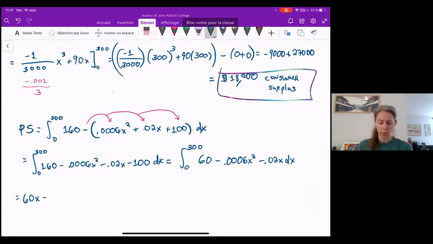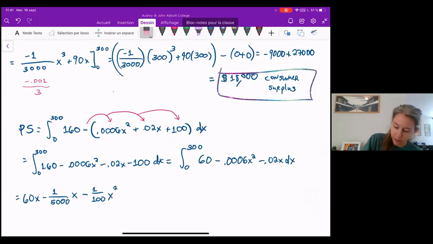So that is going to be 6 over 30,000, which is 1 over 5,000, I hope I did that right, x cubed, minus 0.02 over 2. So that is 2 over 200, that's 1 over 100, x squared. And I'm sorry, that was supposed to be a cubed. We were dividing by 3.